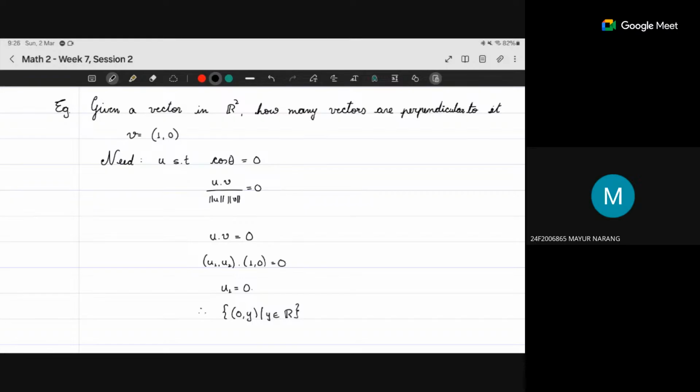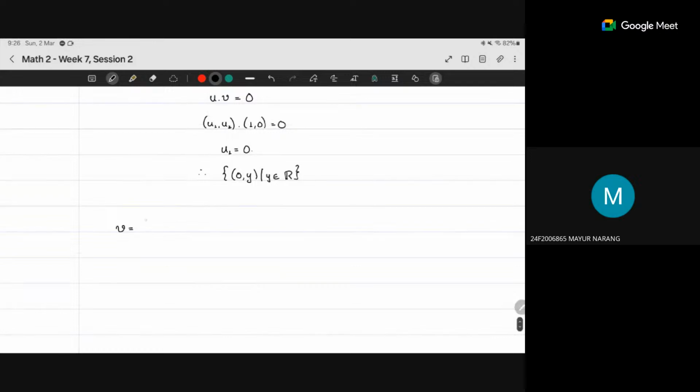If I say the vector is 1, 1, then what happens? So you want all the vectors which are perpendicular to 1, 1? Correct. This U should satisfy U dot V equal to 0, which is the same as saying U1 plus U2 equals 0.